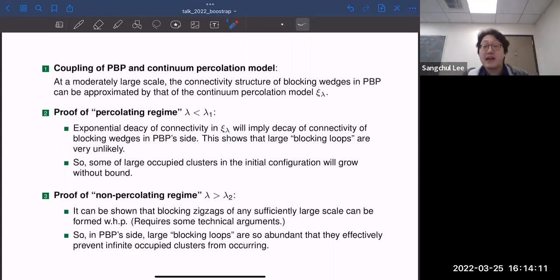The probability of having a long blocking wedge will be fairly small in this regime, and we can use that to show that it is very unlikely to form a large occupied cluster in the terminal configuration, because that would require a very long blocking wedge or their connections.